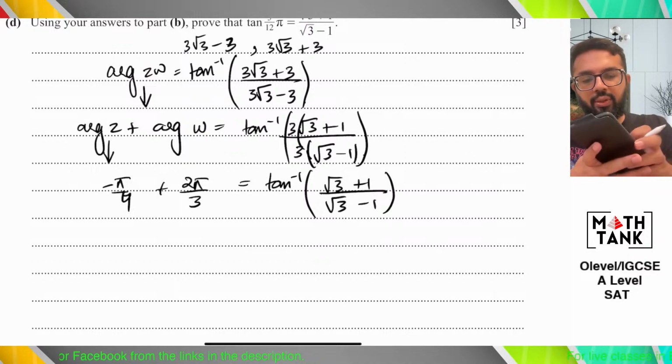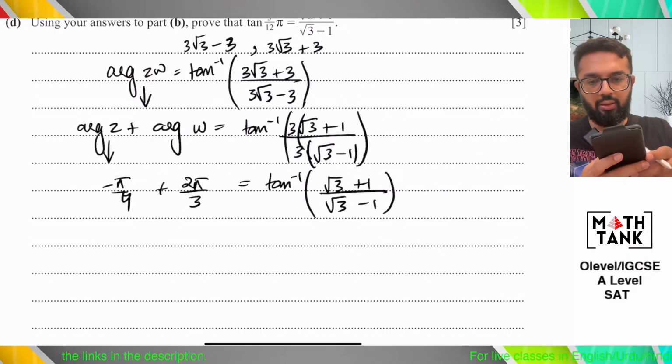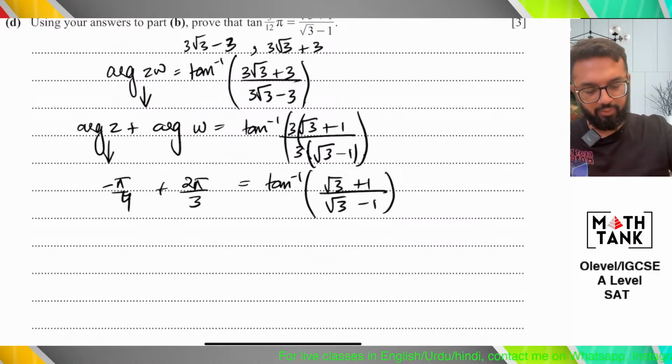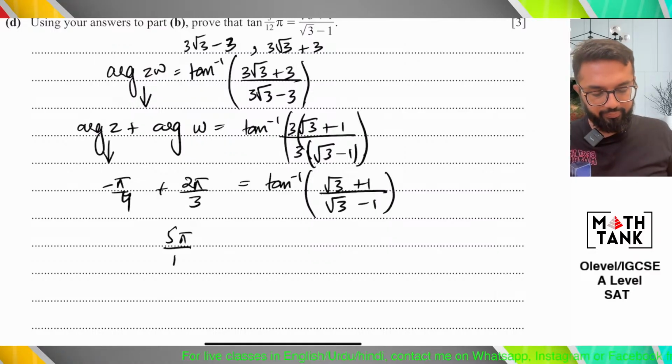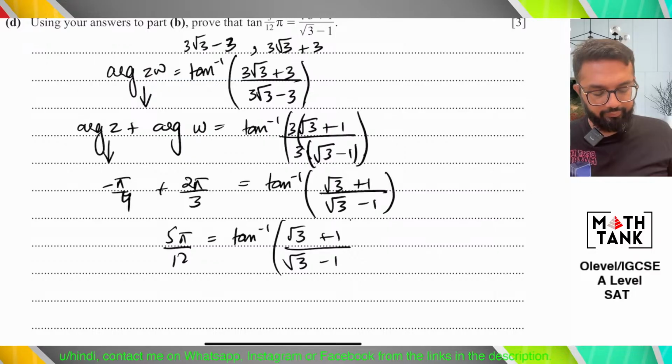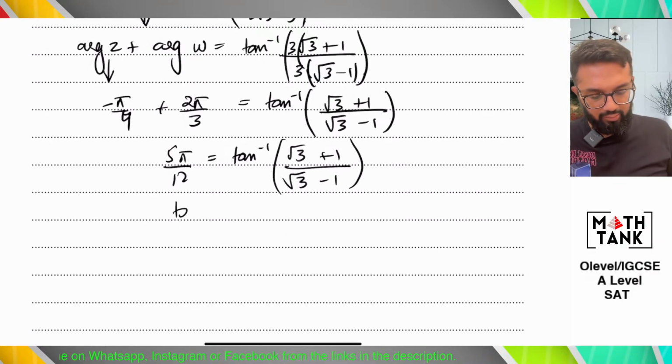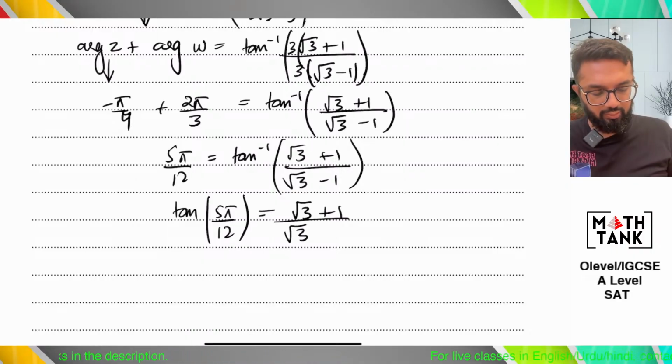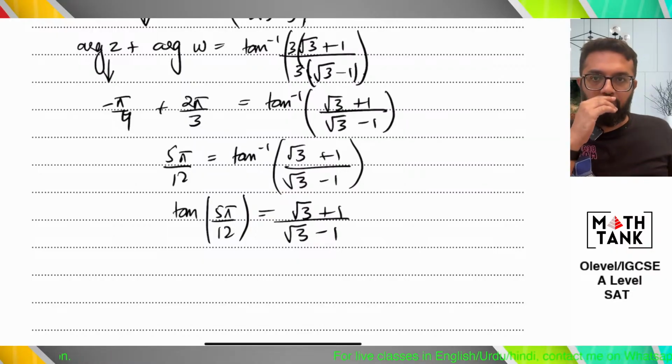What's 2 pi over 3 minus pi over 4? 5 pi over 12. Okay.